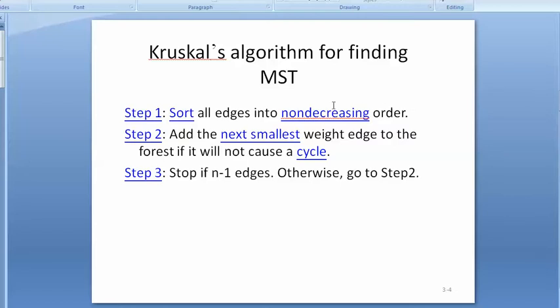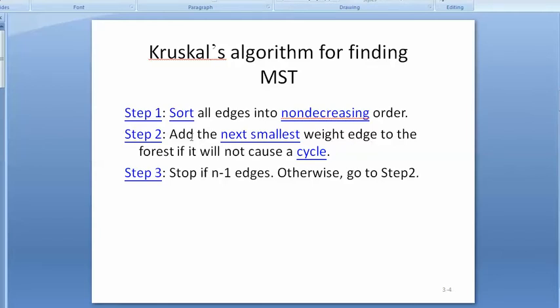After sorting, we consider a spanning forest; in other words, we consider the same graph G and remove all the edges from that graph. So what we are left with is the graph G dash, having all the same vertices of G but with no edges.